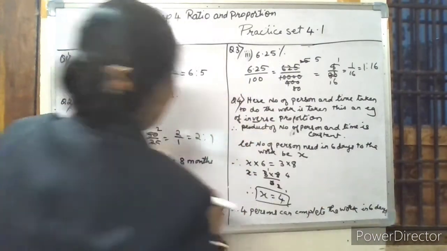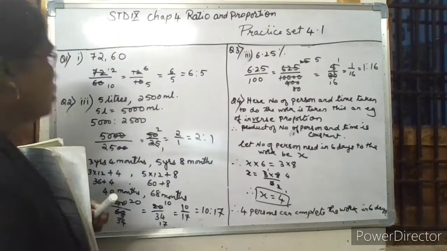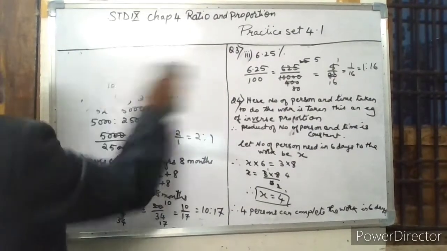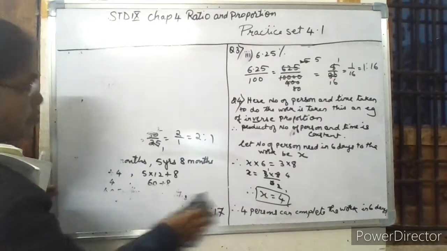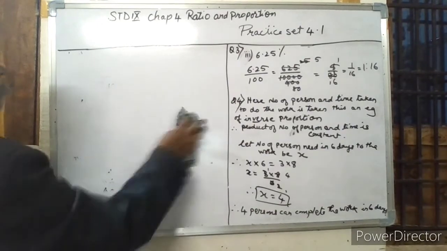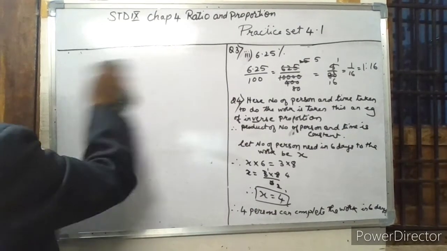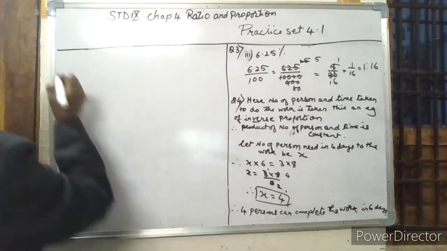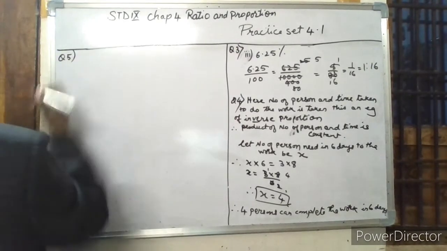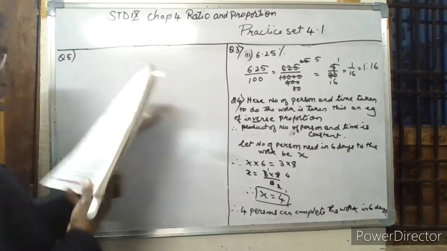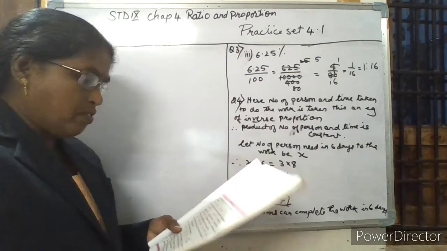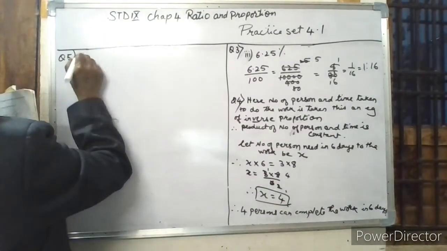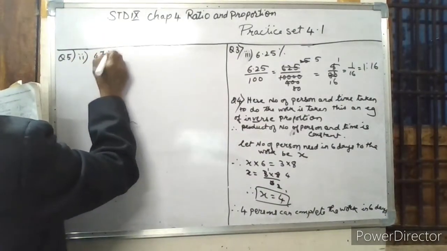So let us go with the next question. Question number 5. Convert the following ratios into percentage. Very simple. Second one, 47:50 is given.